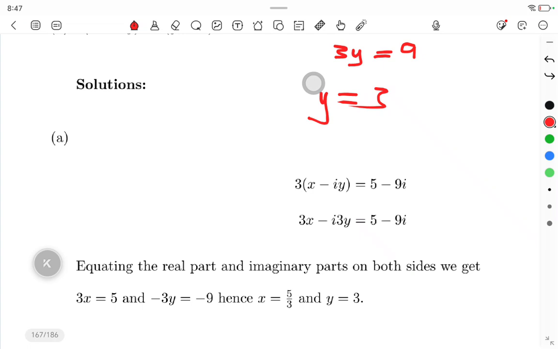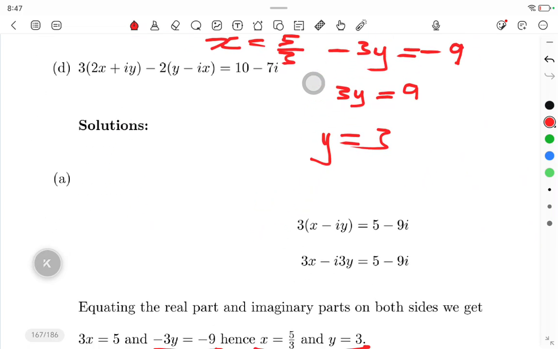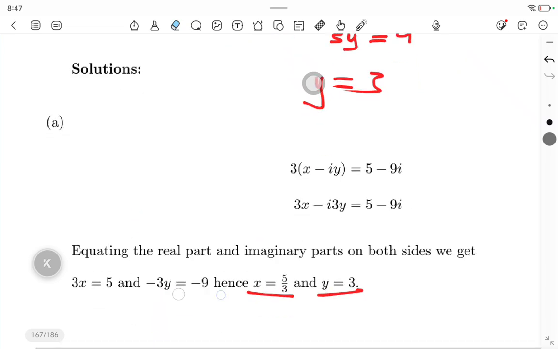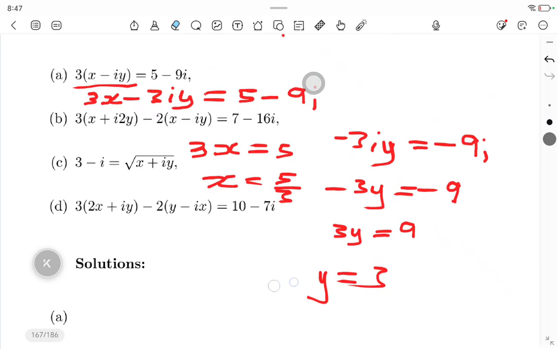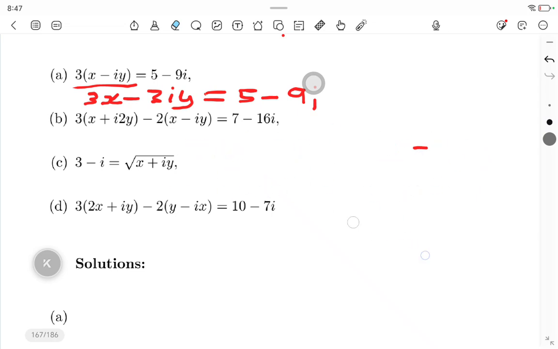Yes, right. This is just going to be 3x minus 6iy minus 2x plus 2iy, which is equal to 7 minus 16i. And this is going to be 3x minus 2x, this is x. This is minus 4iy.